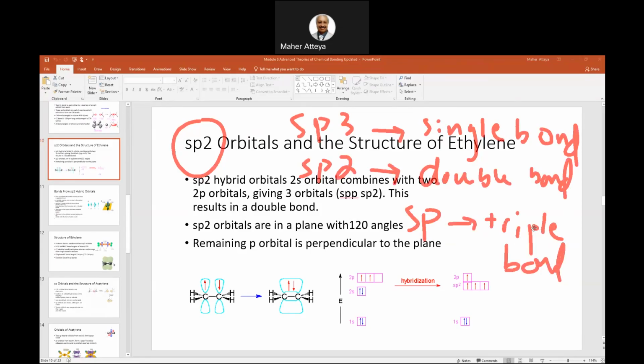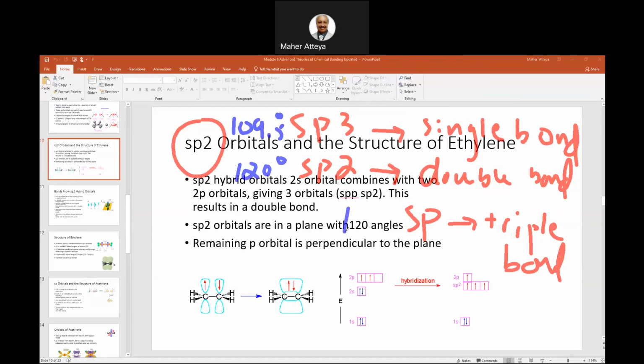Triple bond. So now if I have sp2, this is a double bond. So the angle here, let me switch to another color, this is 109.5 degrees. This is 120, the double bond, correct?